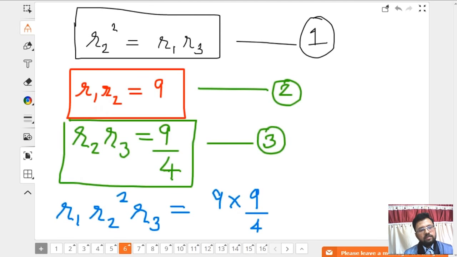What is the advantage? Yes, you can now substitute for R2 square. Correct. Okay, R2 square is what? R1, R3. So we substitute for R2 square. So what do we get?